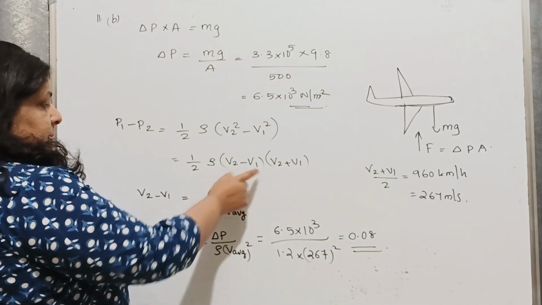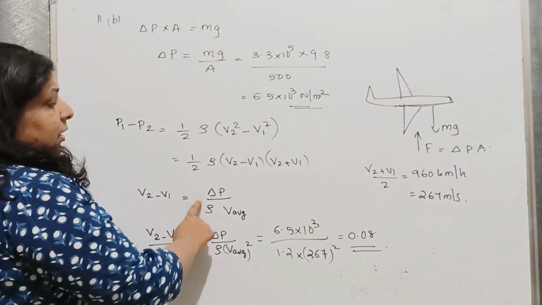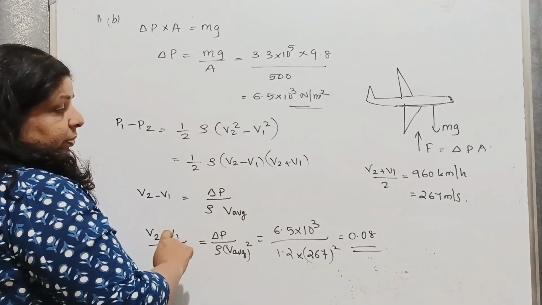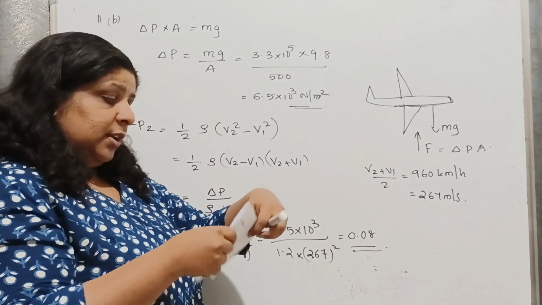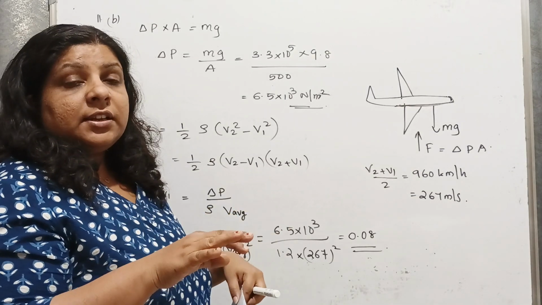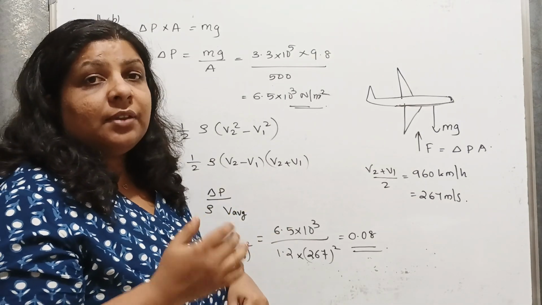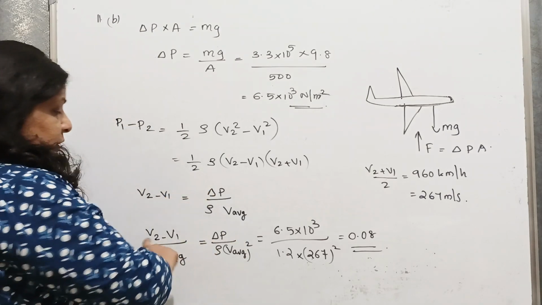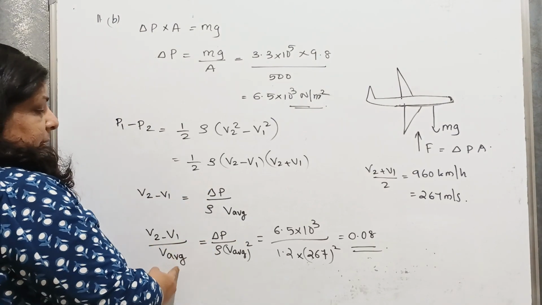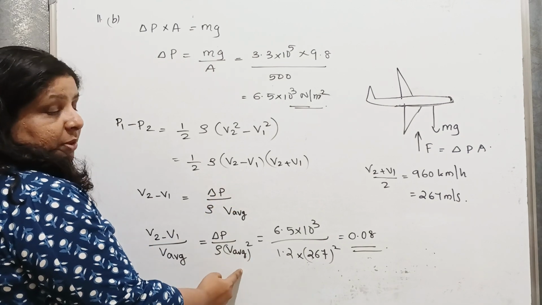So V2 minus V1 will be equal to delta P divided by rho into V average. V average means (V2 plus V1) by 2. Now here they are asking us to find the fractional increase in speed. Fractional increase in speed means V2 minus V1 divided by the average speed. So RHS also I will divide with V average.